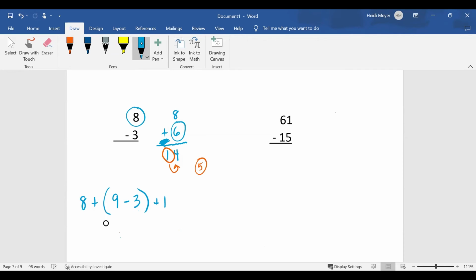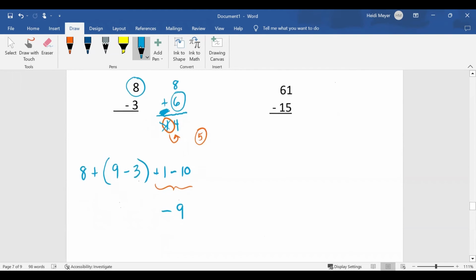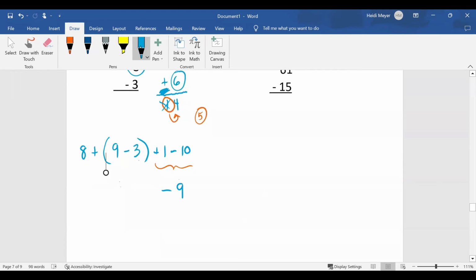but we took this 1 away, and that 1 is actually in the tens place. So we actually subtracted off a 10. Well, if we simplify this a bit, 1 minus 10 is negative 9. I don't really need these parentheses up front. So we've got 8 plus 9 minus 3 minus 9.